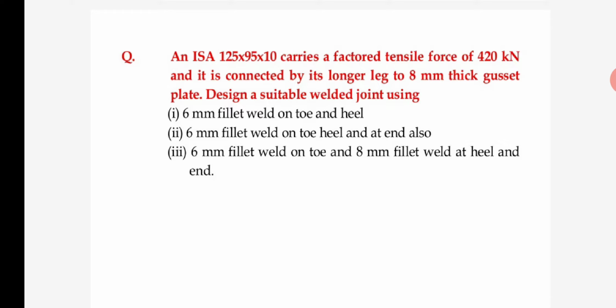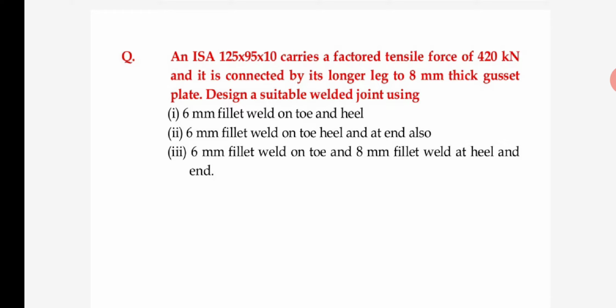Design a suitable welded joint using: first, 6 mm fillet weld on toe and heel; second, 6 mm fillet weld on toe, heel and at the end also; and third, 6 mm fillet weld on toe and 8 mm fillet weld at heel and at the end.